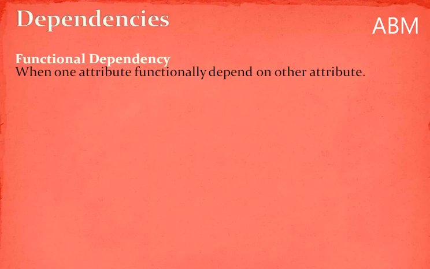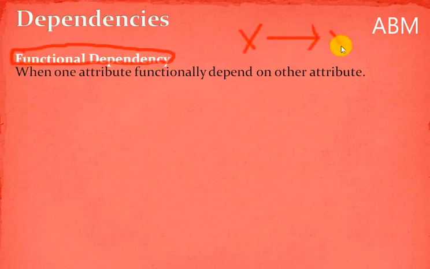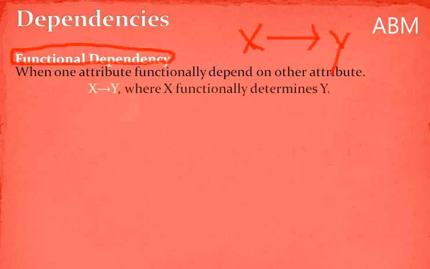Functional dependency means when any attribute functionally depends on any other attribute. For example, here x is functionally determining y, or we can say that y is determined by x.